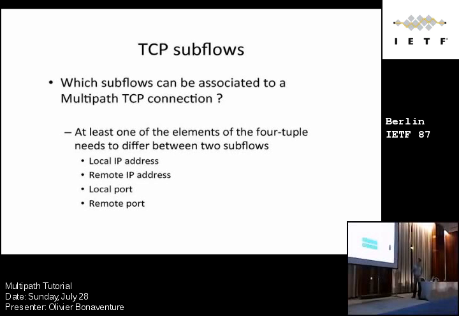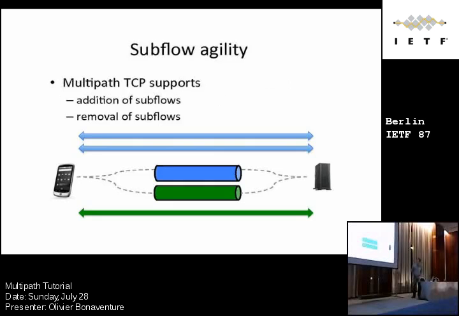We even have in Multipath TCP subflow agility, which means that we can easily add new subflows, we can remove subflows, and we can change the number of subflows. And we might even be in a situation where during some period of time there is no subflow available, and after some time there is a subflow which is becoming available, and we continue the TCP connection.